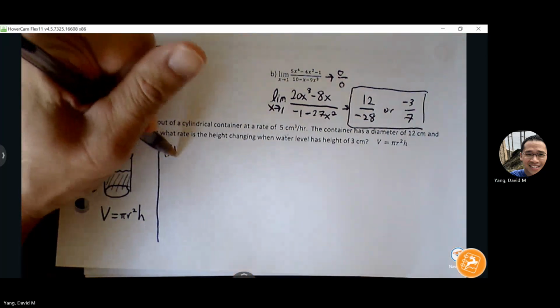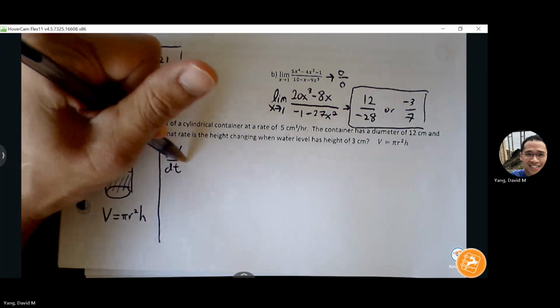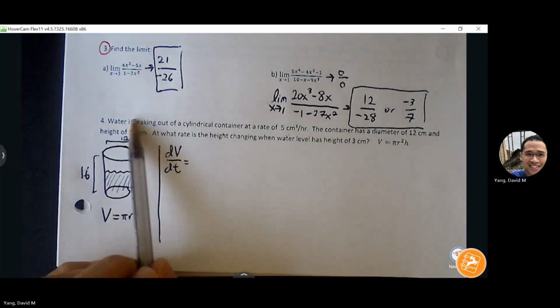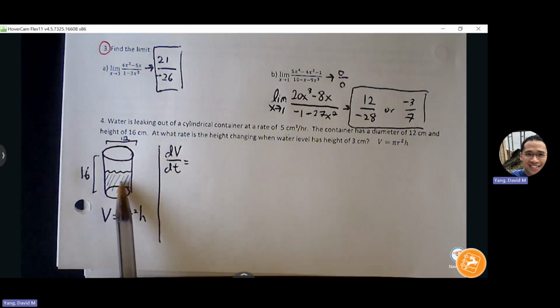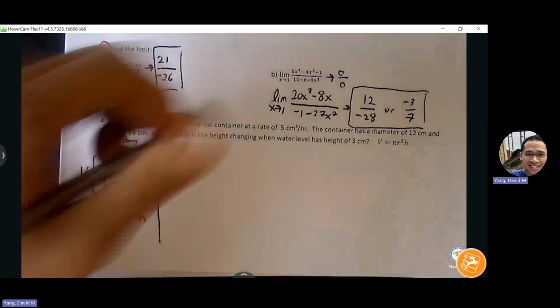dV/dt. Positive or negative? It's decreasing. Leaking out means the water inside the container is decreasing, right?